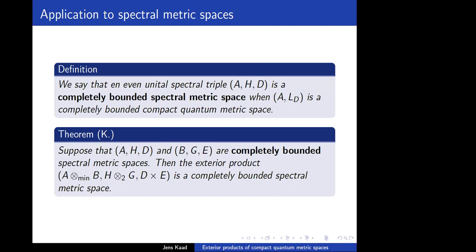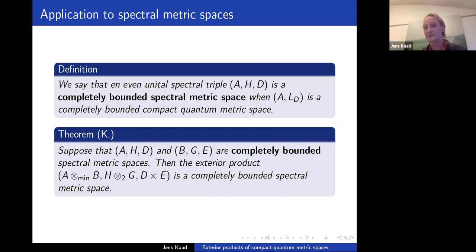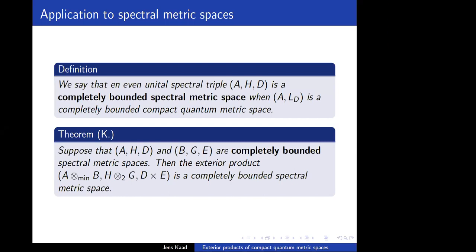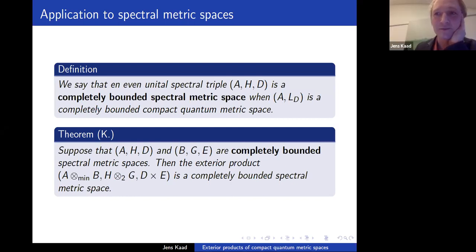No, my question was about an example which is not completely bounded. I don't have any such example of a spectral metric space which is not completely bounded. This is a challenge to find one. But you believe that not every one is completely bounded? Yeah, that would be a surprise.